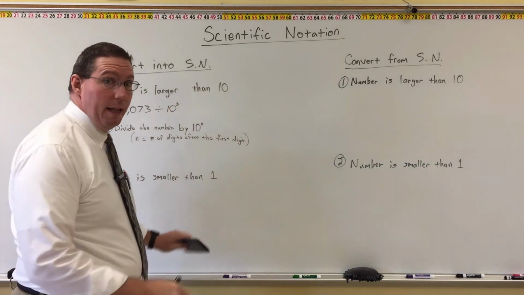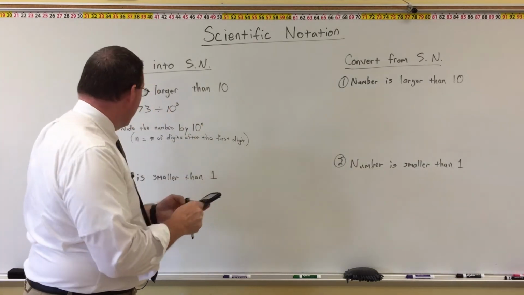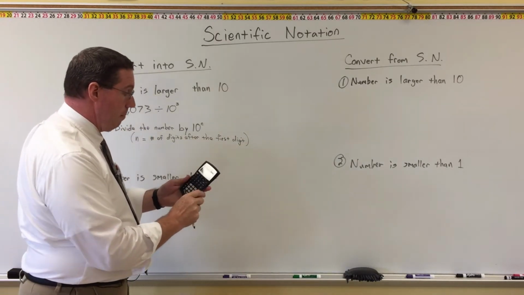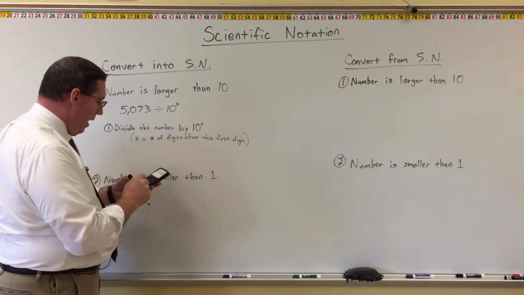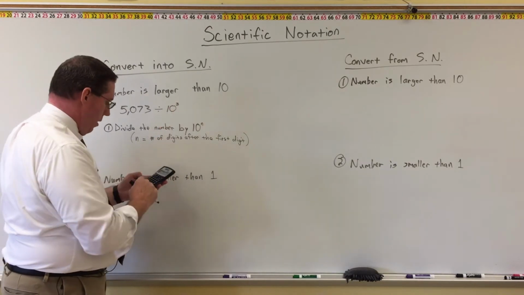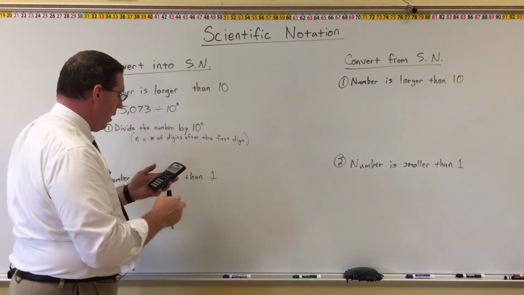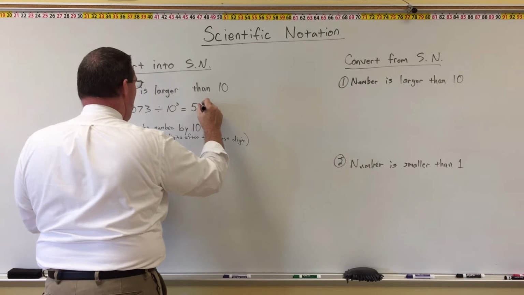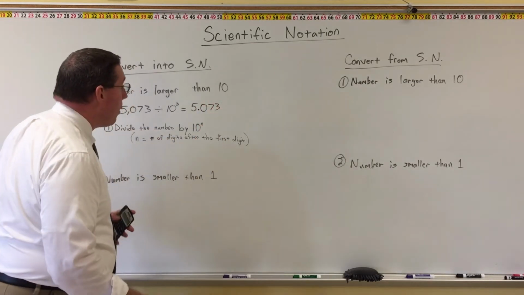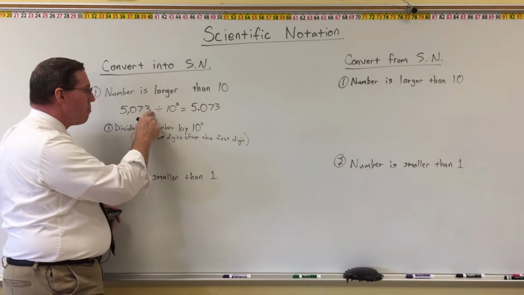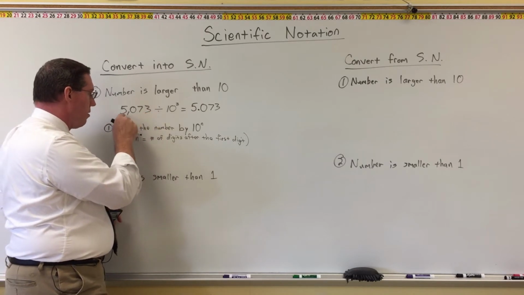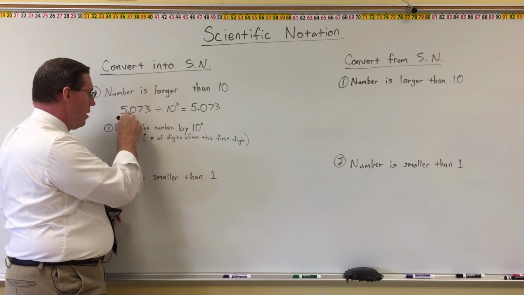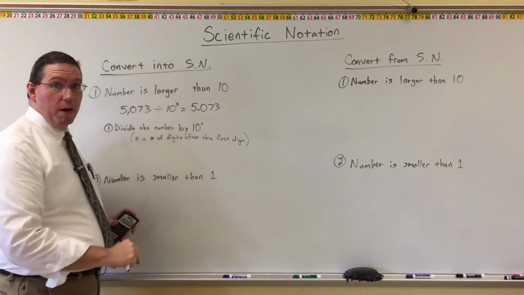I'm going to grab a calculator and type in 5,073, then hit divided by, then key in 10 to the power of 3, and press enter, and it becomes 5.073. Now, another way of doing this is simply moving the decimal point over until it's behind the first digit. 1, 2, 3, and we still get 5.073.